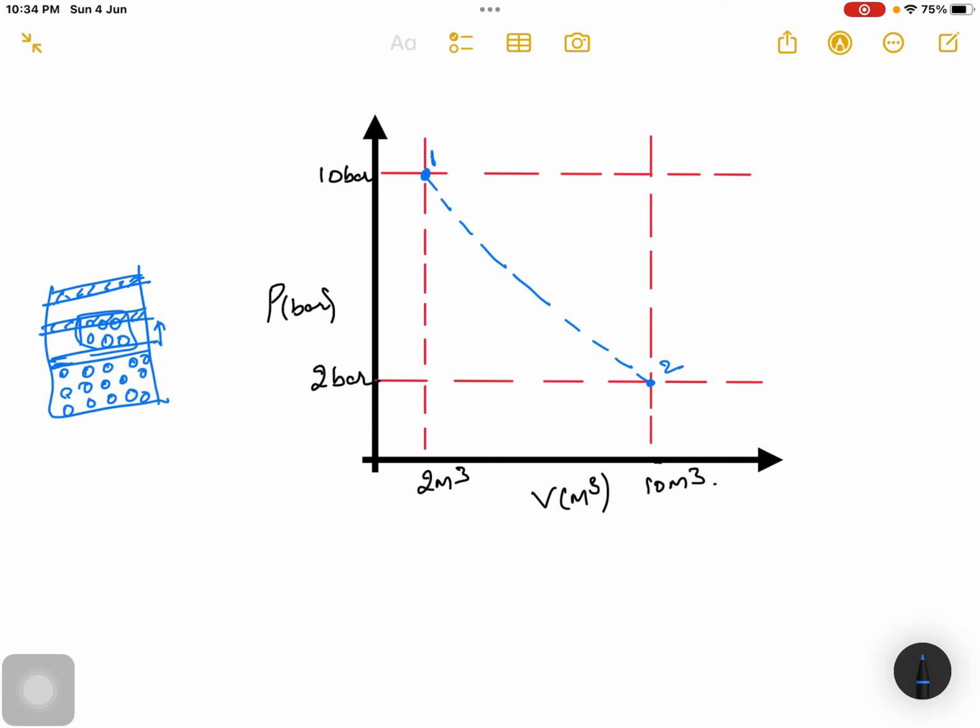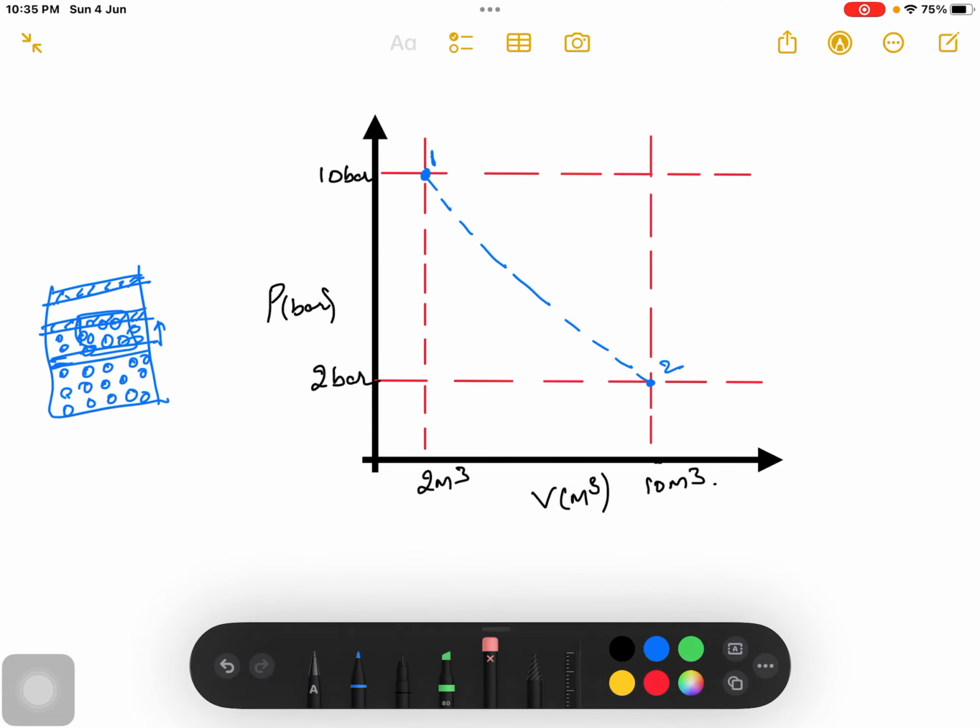And when I do the analysis at some intermediate stage, I can tell how much the pressure is, because the pressure is distributing uniformly when you are removing the sugar crystals one by one.